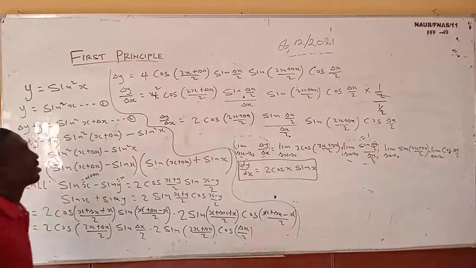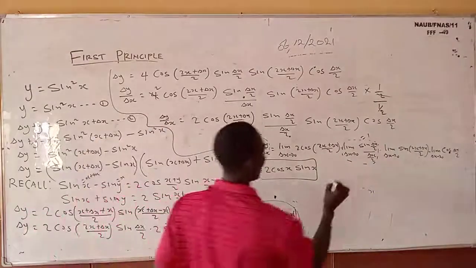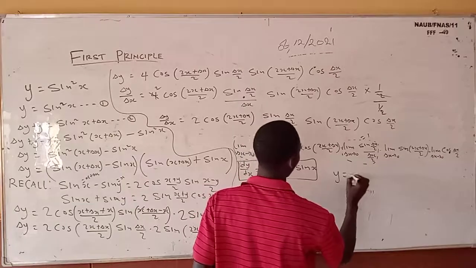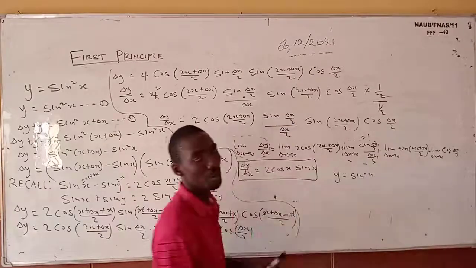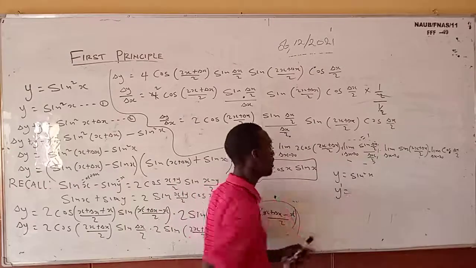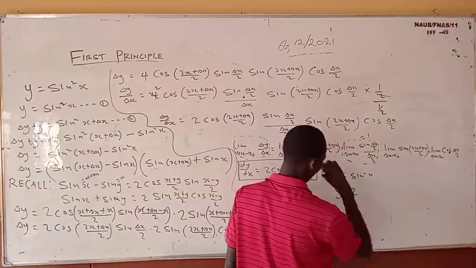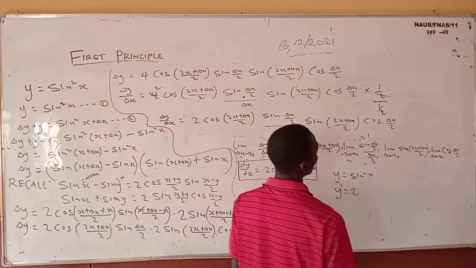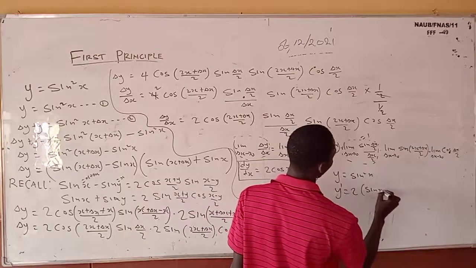So it is true. If you differentiate y equals sine square s, what are you going to have? You know from your chain rule. The first thing you do is bring this 2 to the front, 2 into sine s.